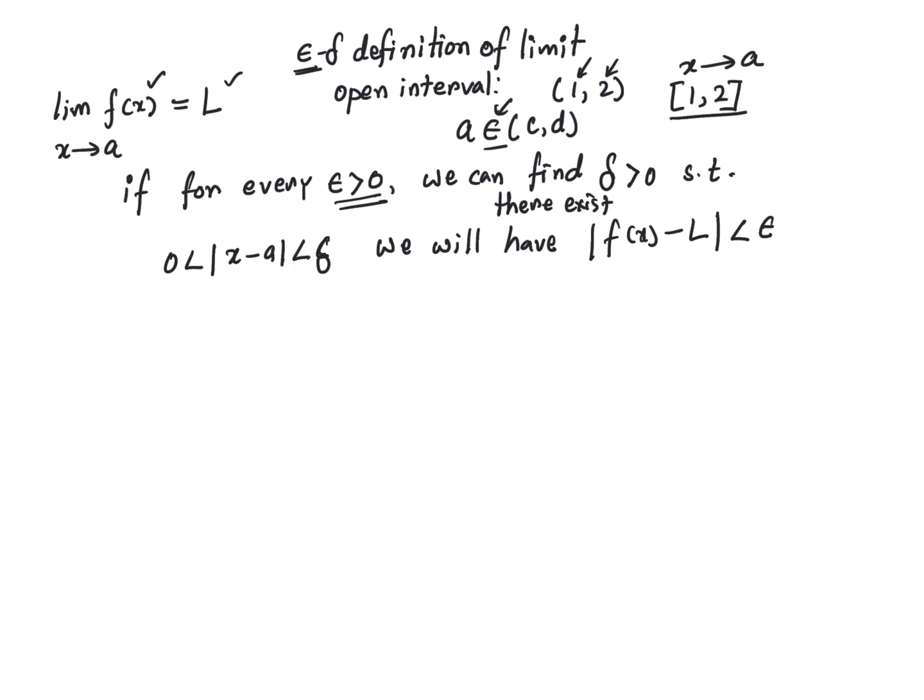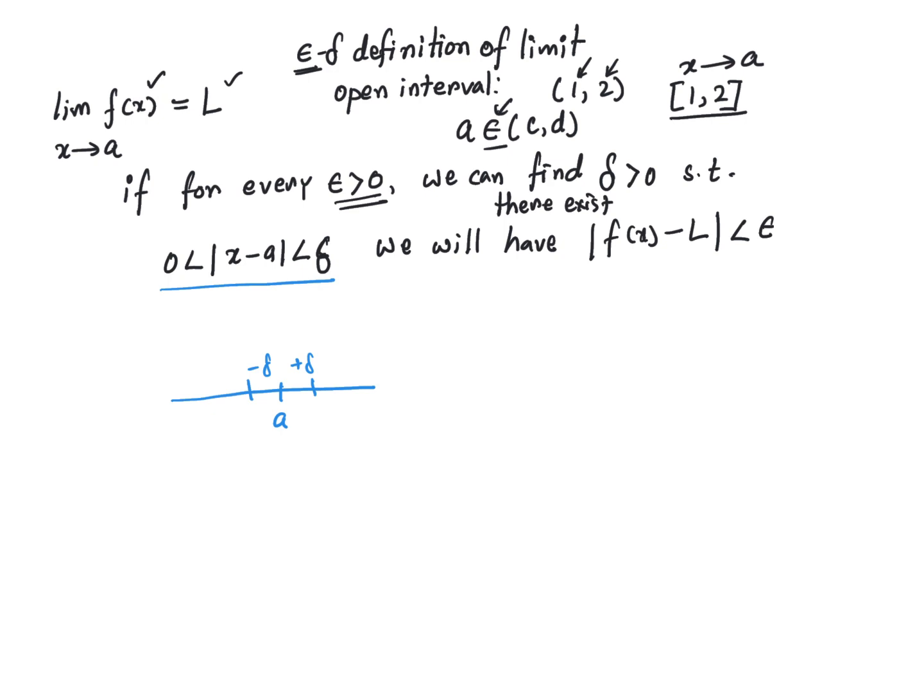Just to give you a graphical view of it, here is what it's saying. If you have this number line where your point a belongs here, and you restrict your values of x between a positive delta from a and a negative delta from a, you're keeping x in a window.